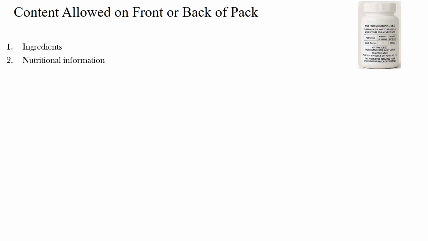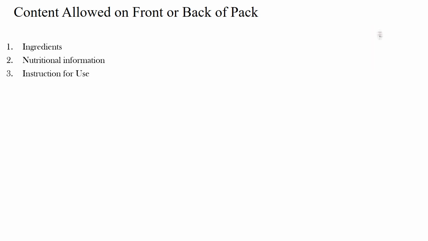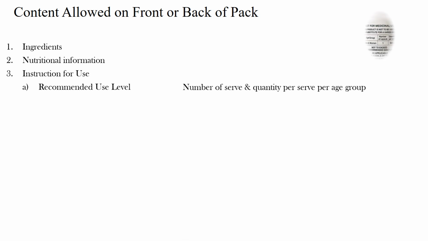After the ingredient and nutritional information, the information required here is about the instruction for use. The regulation says the label should bear the information regarding the recommended use level as number of serve and quantity per serve per age group, and also have a statement not to exceed the recommended daily use.